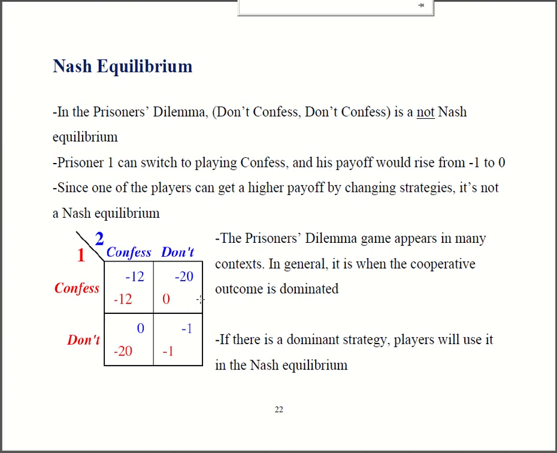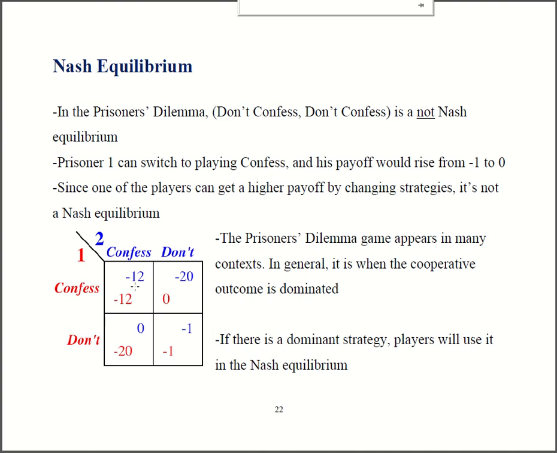That's because prisoner 2 could get a higher payoff by changing strategies. So if prisoner 1 is still confessing, we're still in this row here, prisoner 2 could switch to playing confess, and now I'm going to move over here on the table. That means prisoner 2 gets negative 12 instead of negative 20.